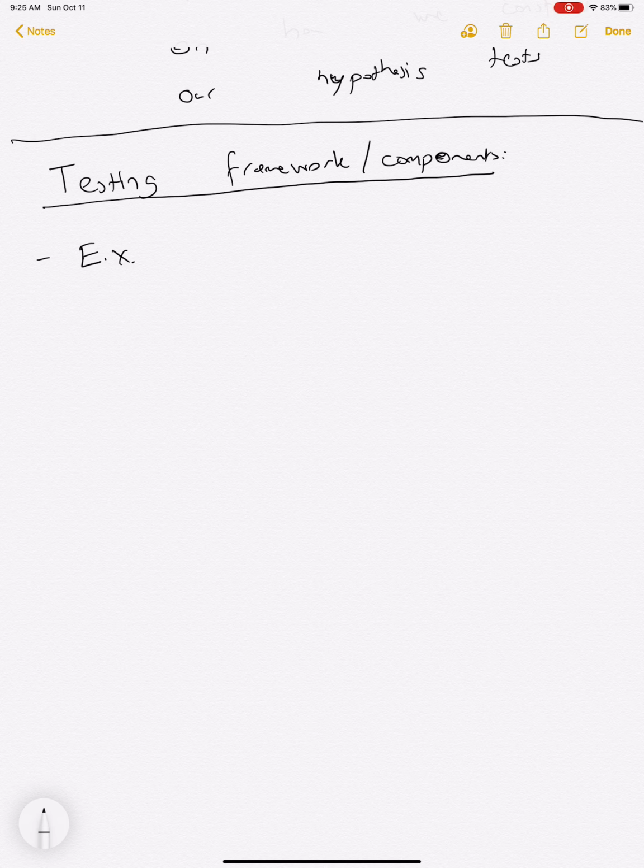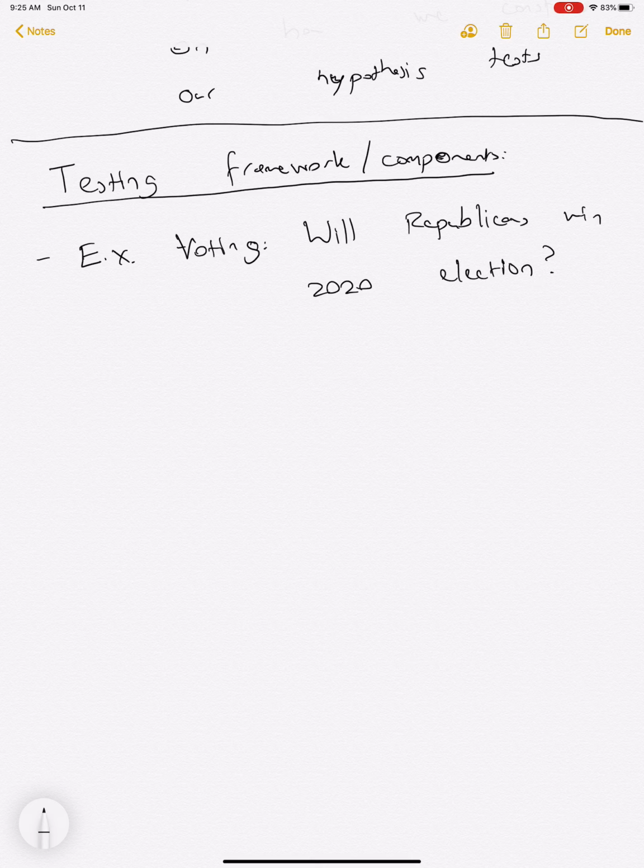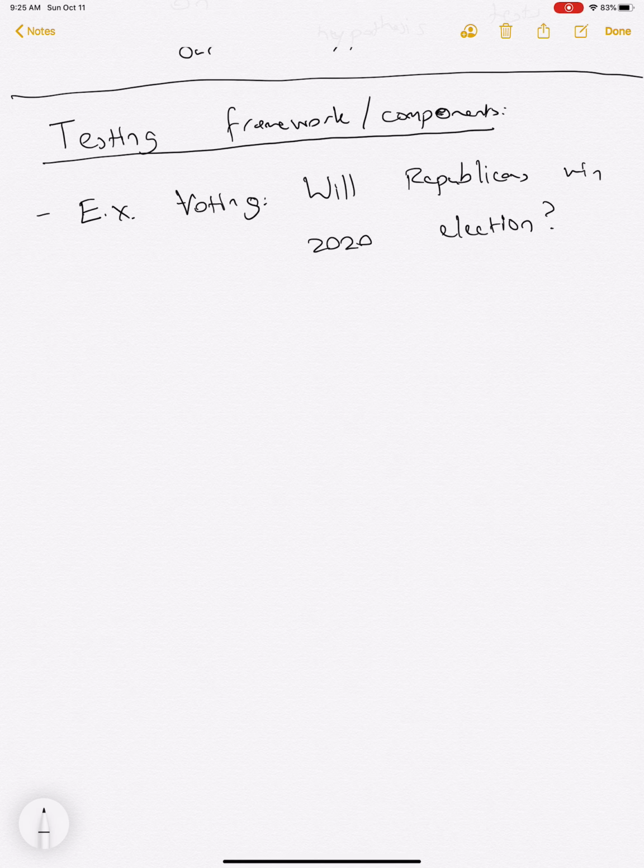So I'm going to go back to an example we've already seen, which is voting. We're going to look at the question: will Republicans win the 2020 election? That's the yes-no question that we want an answer to.